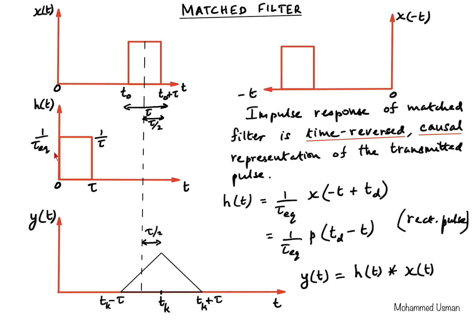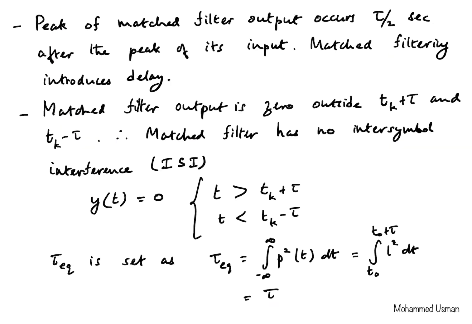So h of t will be normalized to have area 1 under it. By choosing the amplitude as 1 by tau equivalent, we can have the area under this impulse response equal to 1. That's the reason why we scale the amplitude of the impulse response. So tau equivalent has been covered now.